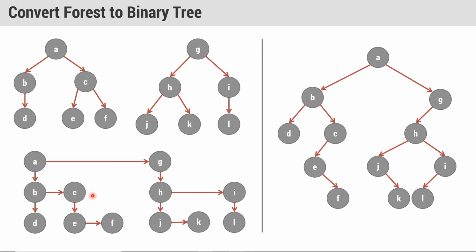Now see, again C has one left node, that is E. So we put E over here, and again E has one right node, that is F. So we put F as a right child of E.